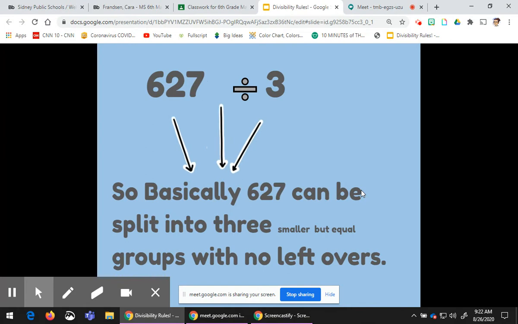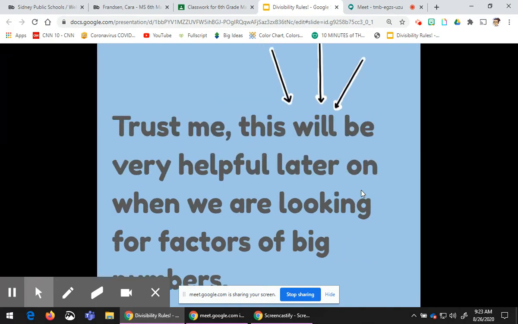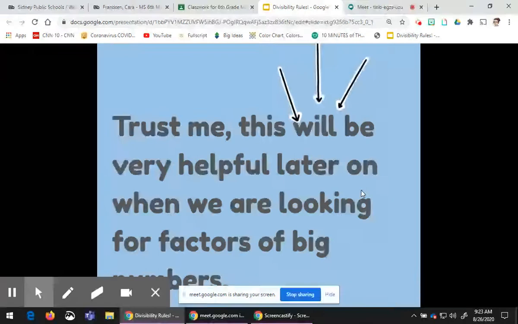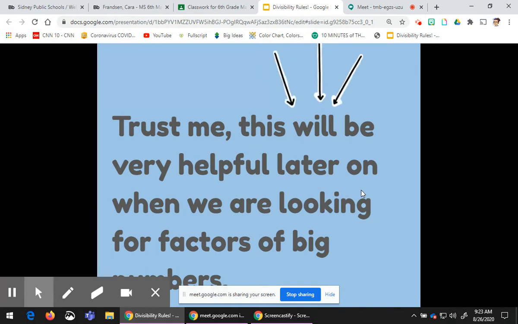So basically, if you were to take 627, it can be split into 3 smaller but equal groups with no leftovers. Trust me, this will be very helpful later on when we are looking at factors of big numbers. So memorizing these divisibility rules is super important because it will make things smooth as butter later on.